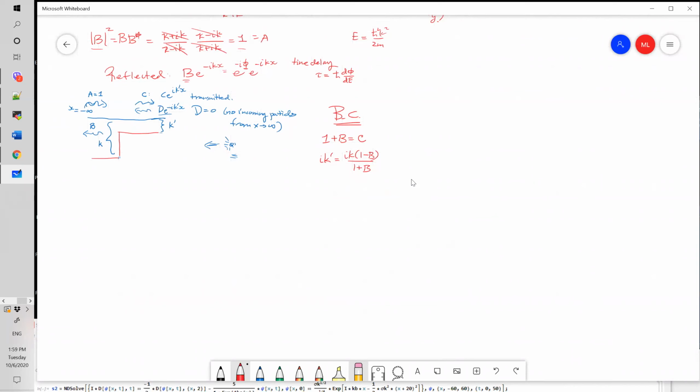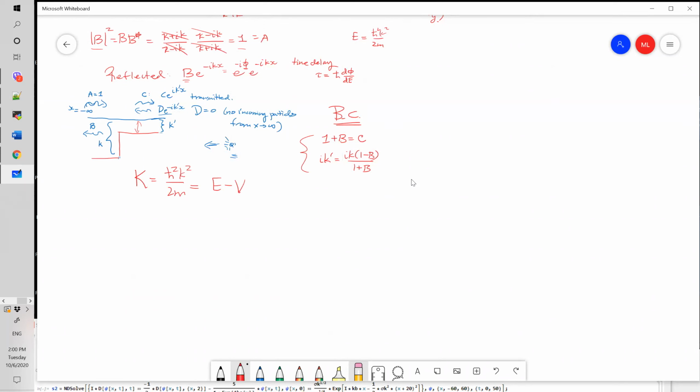And this is, again, 2 equations, 2 unknowns. Again, you know what k prime is because the kinetic energy tells you. The kinetic energy is always h bar squared k squared over 2m, and the kinetic energy in this case is always E minus the potential.